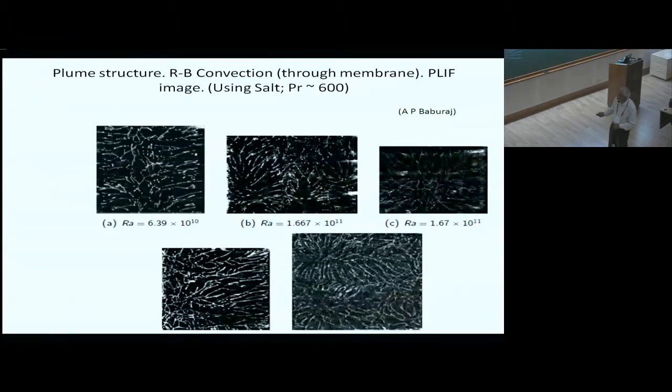One of the important things I want to mention here is that there is a strong interaction between the outer flow and the flow next to the wall. And basically what you see here is the signature of that outer flow. Here you can see these plumes are aligned in this direction, and here they are aligned in a different way. So if you look at the flow structure in this type of convection, it will be something like this.